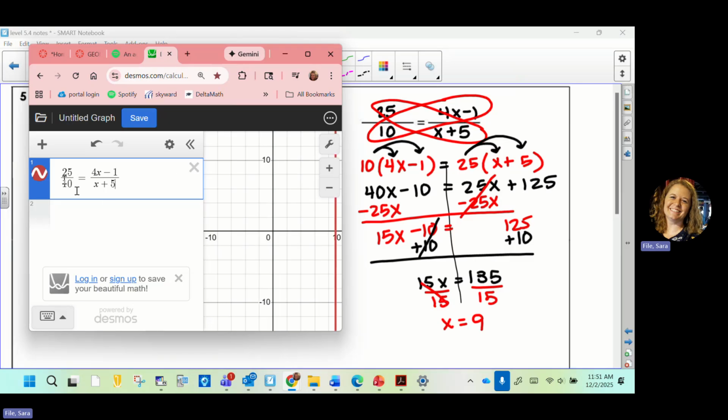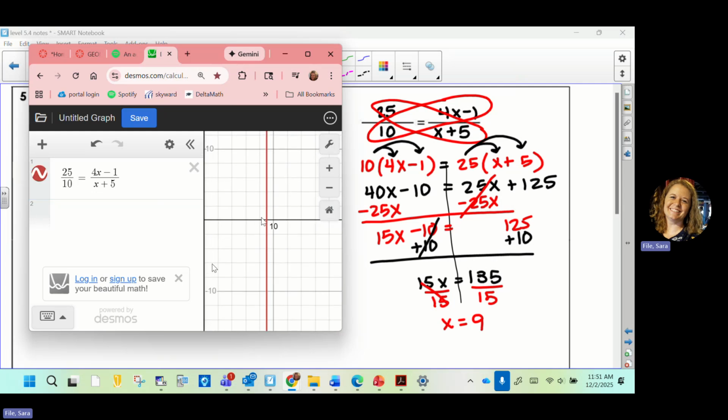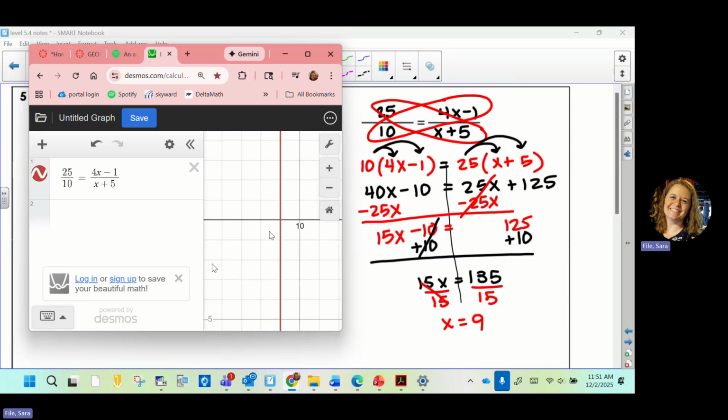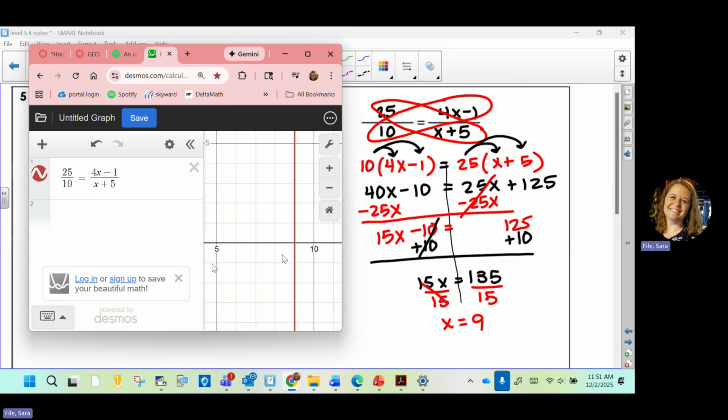Okay, and if you have this typed in correctly, if you have the correct proportions set up, you'll notice in your graph you get a vertical line through your solution. And so you can see your solution. Now, if it's a decimal, it's not going to be as easy to see. But I can see there's 5, 6, 7, 8, 9. So that's at 9. The solution is 9.